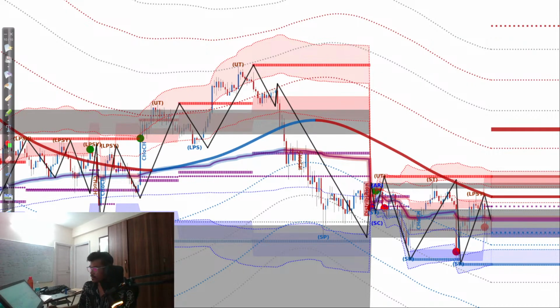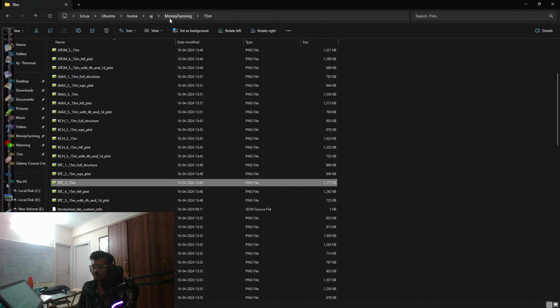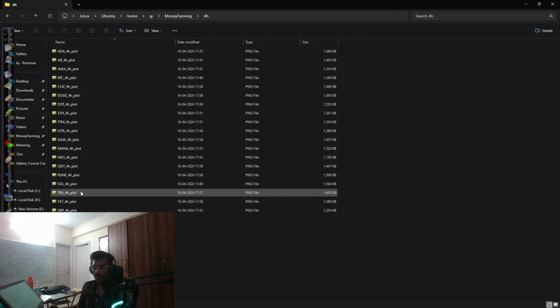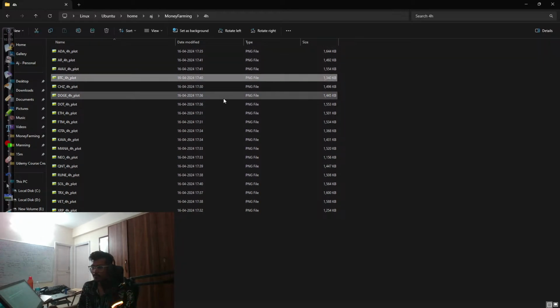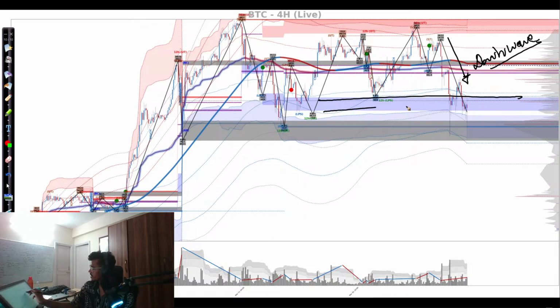Anyway, so let's look at the Bitcoin 4-hour chart. Bitcoin, yep, here. All right, so in 4 hour we are already in a down wave. But here we are in a long demand zone.